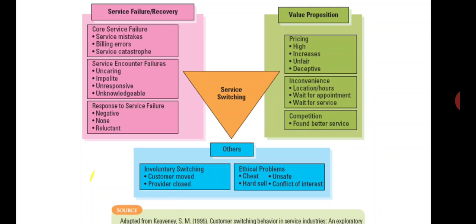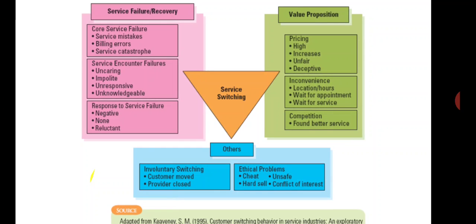Second thing, inconvenience in location, in hours, in waiting for appointment, waiting for service delivery. So inconvenience is also a reason. Third, competition, found better service from our competitor, so it is also a reason for customer defection.